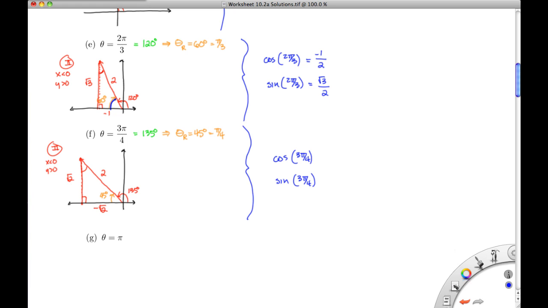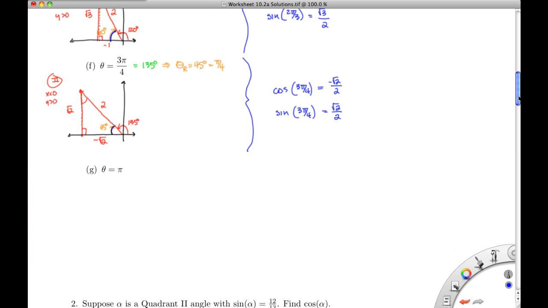We will be using this angle as our reference angle to answer the questions about the sine and the cosine of 3 pi over 4. So for the cosine, it is the adjacent side, minus square root of 2, divided by the hypotenuse, which is 2. And for the sine, it is the opposite side, the square root of 2, divided by the hypotenuse, 2. Okay, so these are definitely the type of problems that you're going to get comfortable doing. And we've got one more.